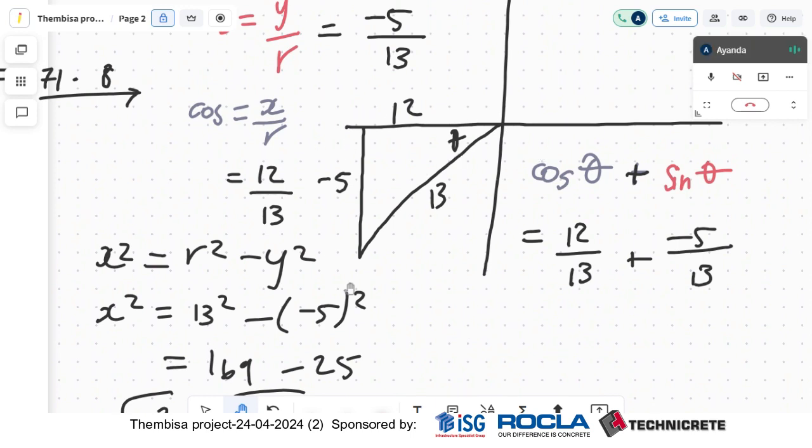This is on the negative x-axis. So this is going to be negative 12. So negative 12 plus negative 5 is going to give us negative 17 over 13. That's it.